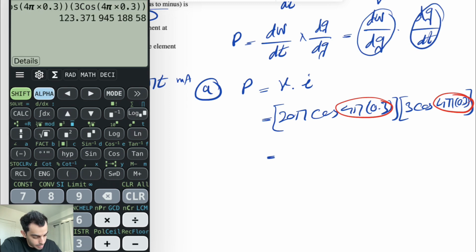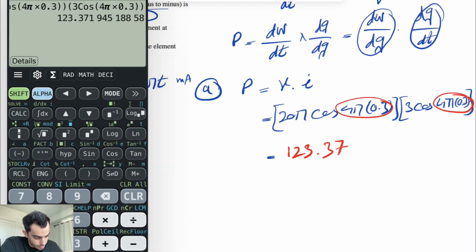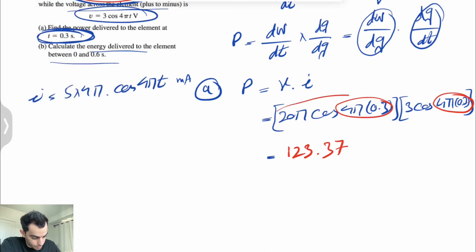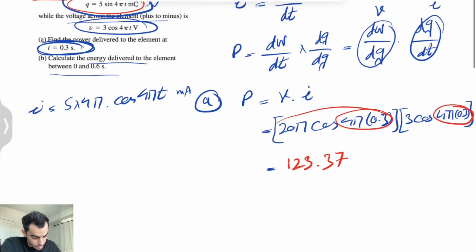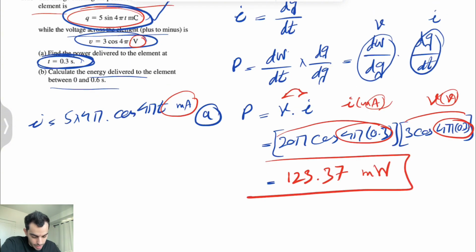And yeah, this is going to give us 123.37. Let's just double check the units one more time. Actually, this is our current and this is our voltage, so these two were switched. So that's for the A part of the question.